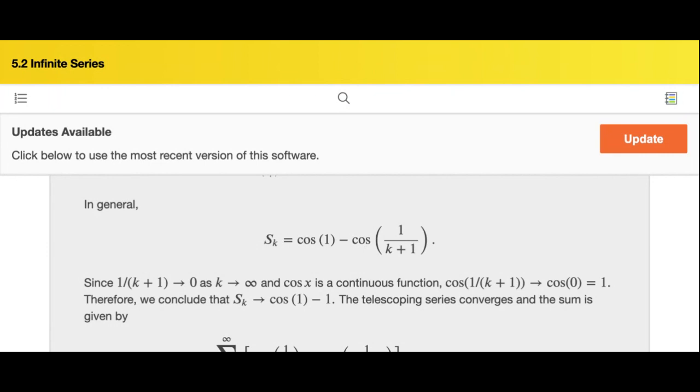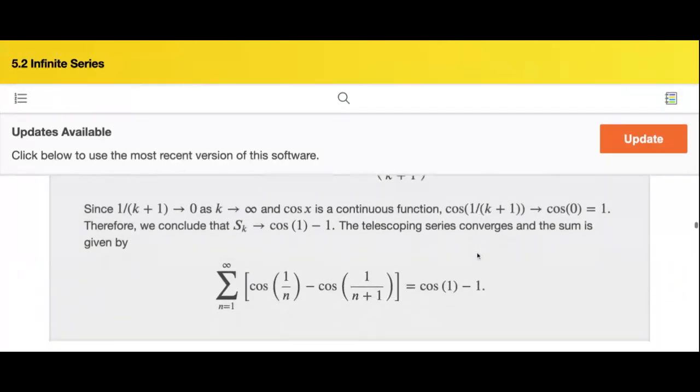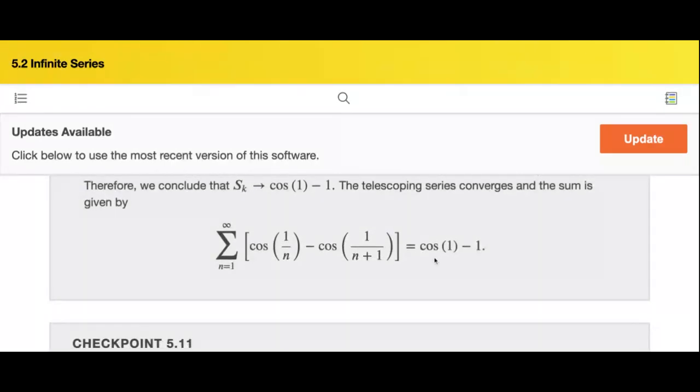So we do cosine of the limit. We take a limit of 1 over k plus 1 when k approaches infinity. Then we get 0. So cosine 0 is just 1. So that means this telescoping infinite series converges to cosine 1 minus 1.